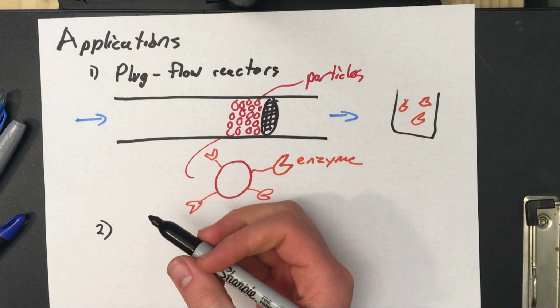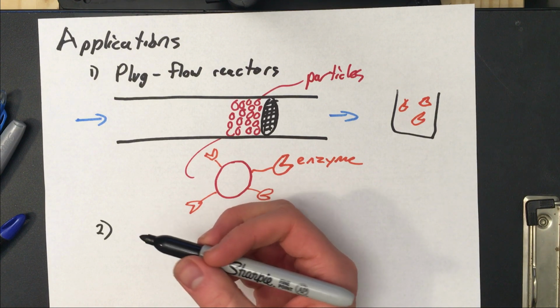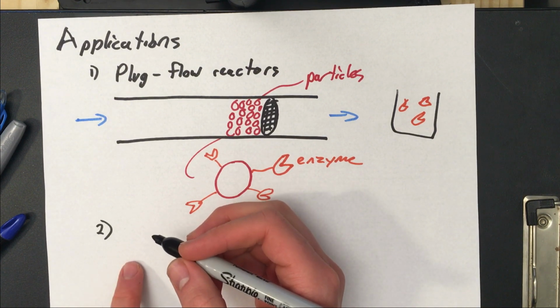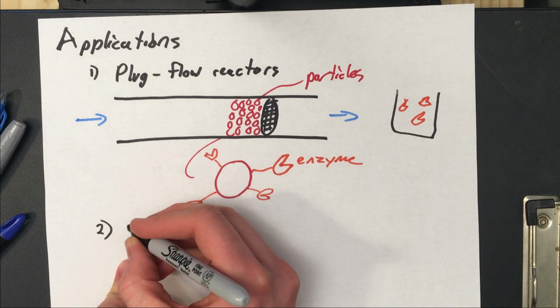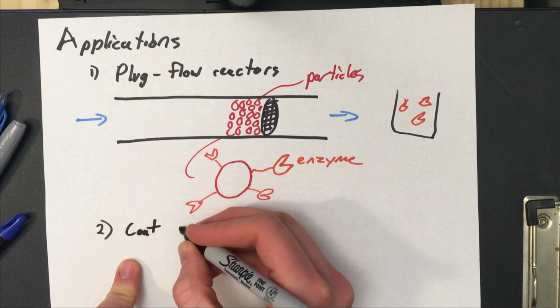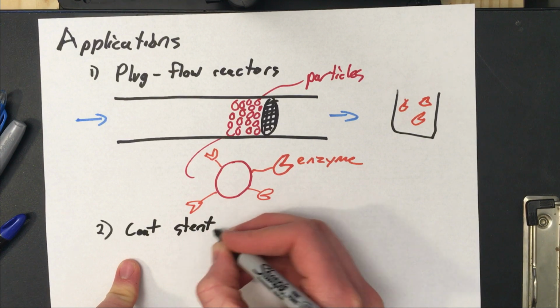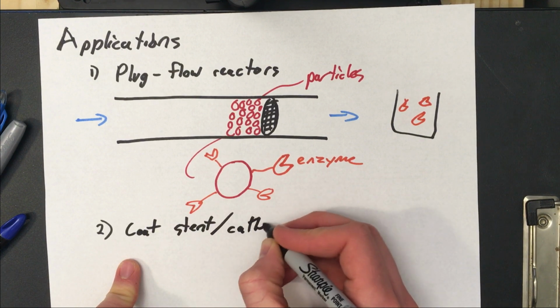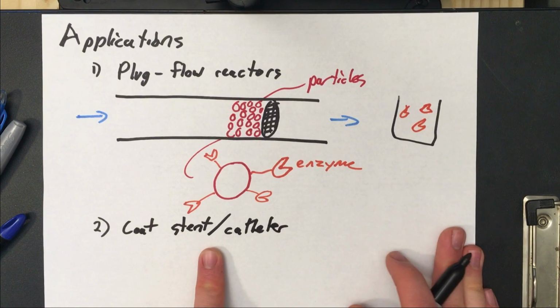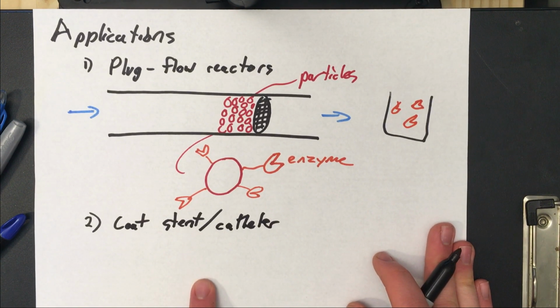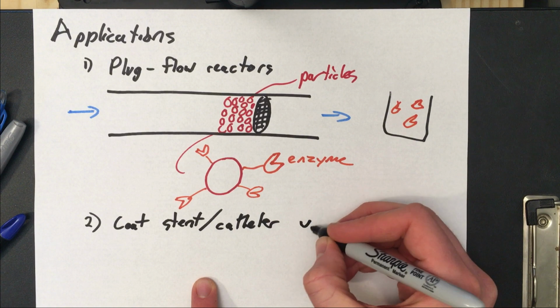But we can be even more effective than plasma treatment in certain cases by tethering specific molecules. So for example, you can coat a stent or a catheter or some other blood contacting device or implant with heparin.